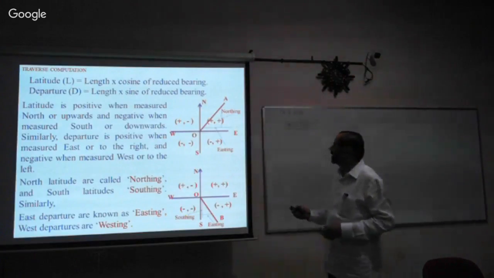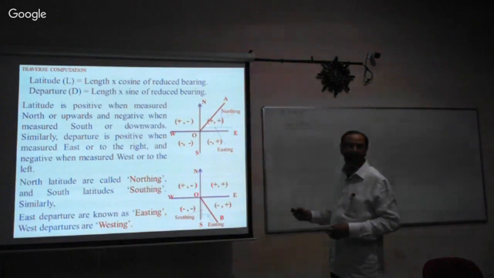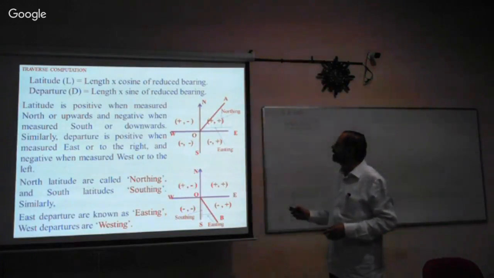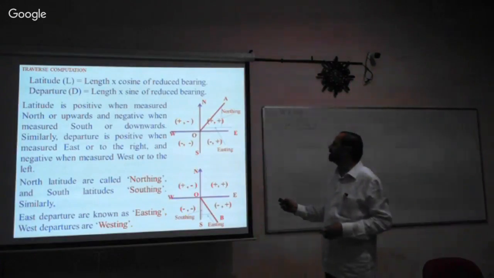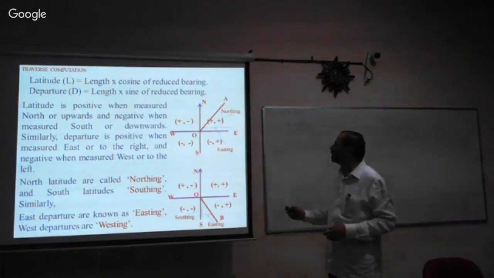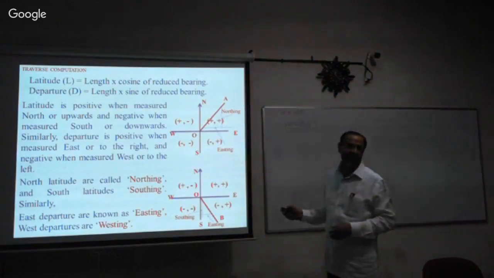Now let us assume this is the angle theta, either measured or computed. If you consider this as theta, then this becomes the opposite side. Therefore, the north coordinate is the length of the survey line multiplied by cos theta, L cos theta.